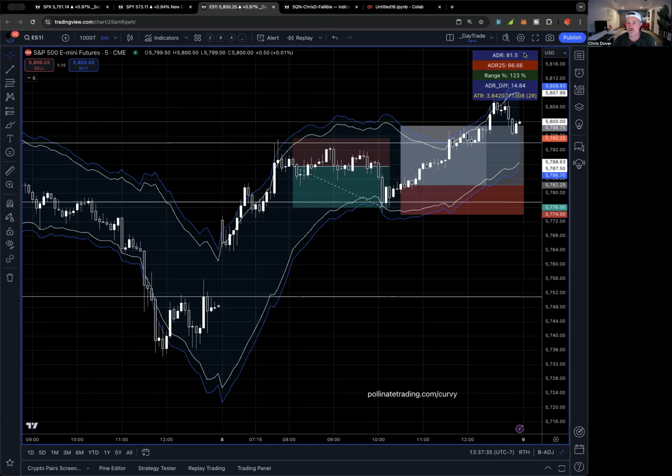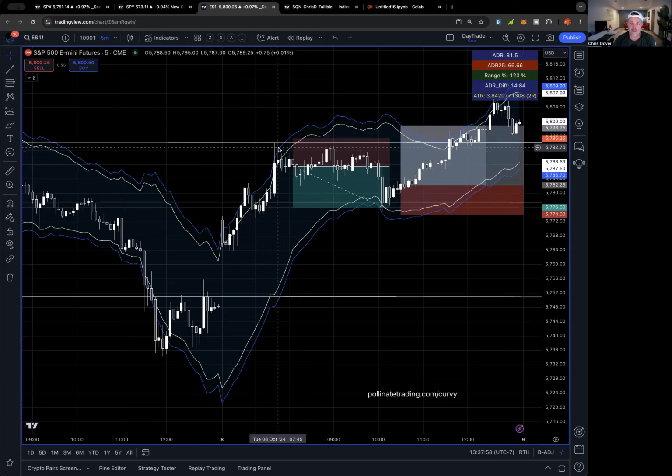Notice in the right-hand corner over here, I have this panel. It's the ADR, average daily range, over the last 25 days. What was our current daily range? Like where did we end today? What's the difference to hitting your average? So we're 14 full round points above the average of 100%.